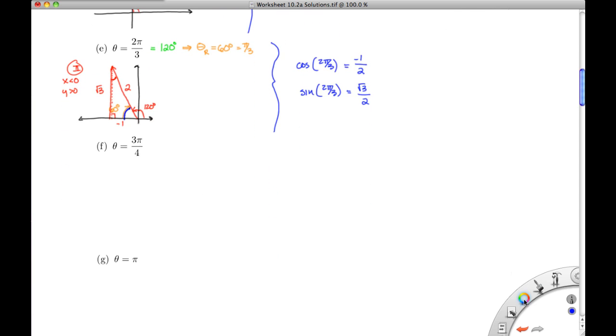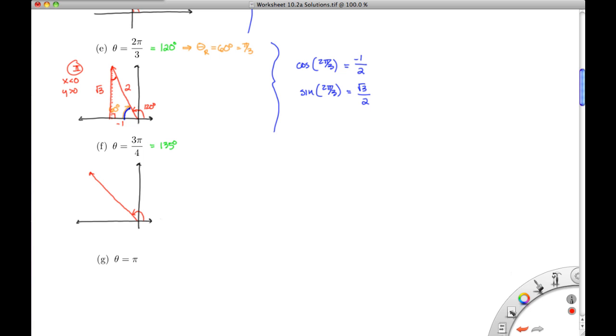So we've got theta equals 3 pi over 4, which if we converted into degrees would be 135 degrees. So let's draw this. Again, 135 is going to put us in the second quadrant. So we draw our angle. It's going to be right in the middle there.